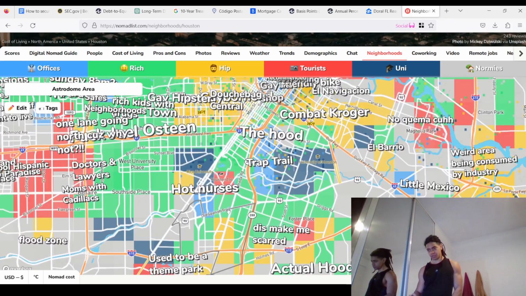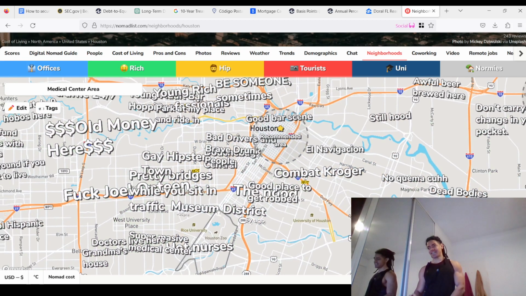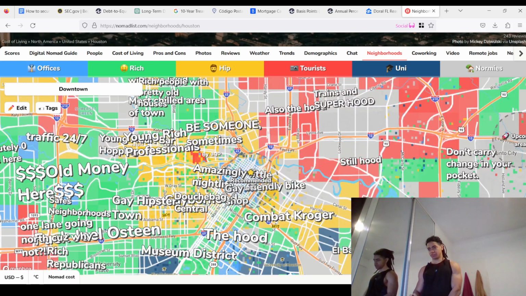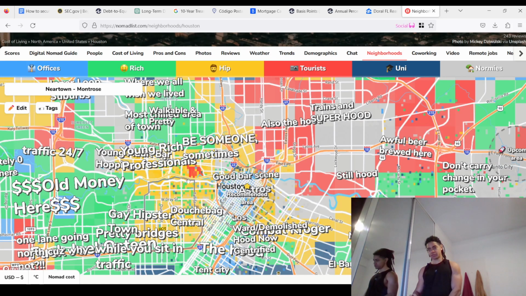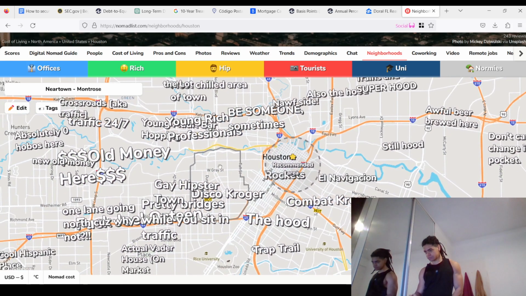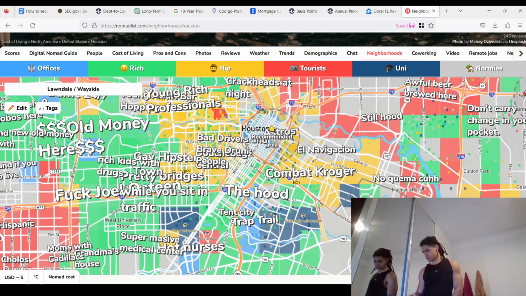Used to be a theme park, hot nurses. Still hood, young rich professionals, or hipster. What about here? Or this area? Or here?